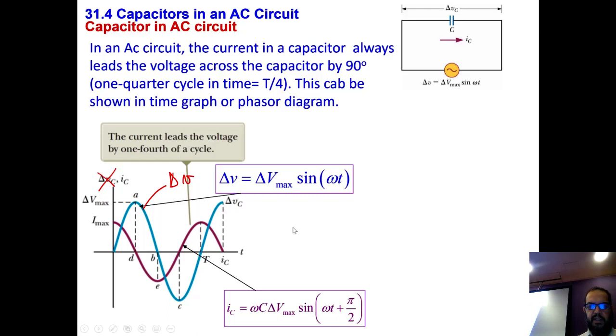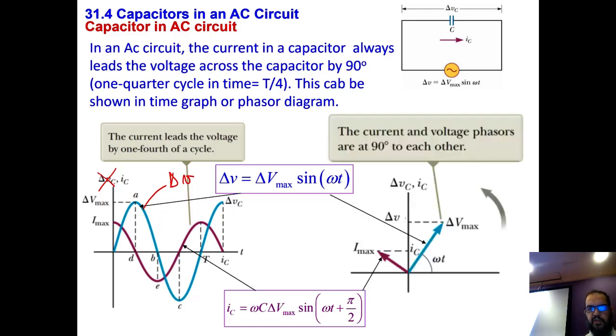Okay, so this is the voltage. The voltage is now lagging, or the current is leading, I guess, in this case, the voltage of the voltage source. And if we represent them in a phasor diagram, remember before we had IL, IL max.